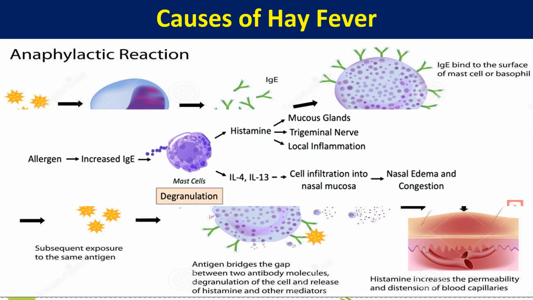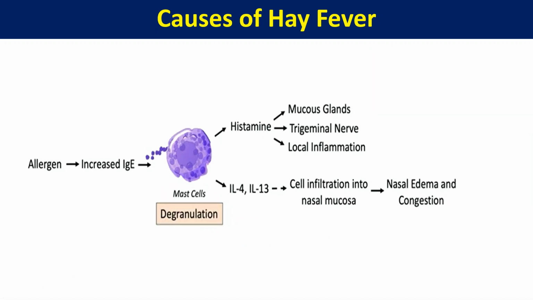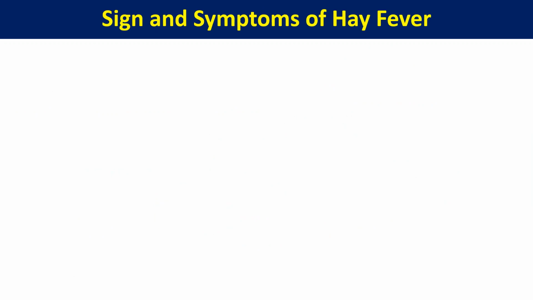Second, it releases some interleukins like interleukin 4 or interleukin 13, which cause cell infiltration into the nasal mucosa. It recruits many different immunological cells, and ultimately there will be congestion and edema. So this is the basic mechanism of how hay fever happens, and this is the summary of the cause of hay fever.